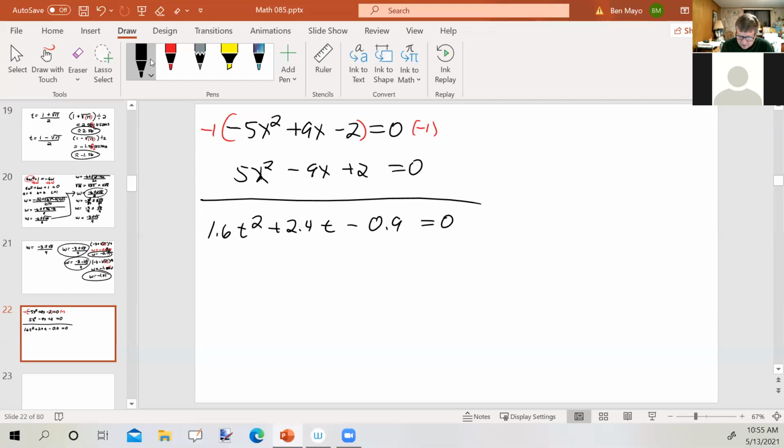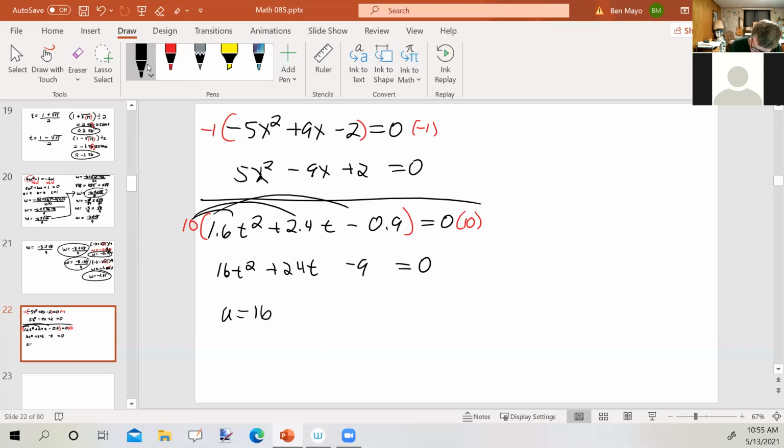If we move each decimal point one place, we'll get rid of the decimals. To do that, we'll multiply both sides by 10. So I get 16t squared plus 24t minus 9 equals 0. So now A is 16, B is 24, and C is negative 9. And then you could plug those into the quadratic formula to get the solution.